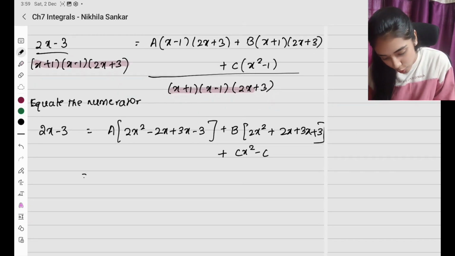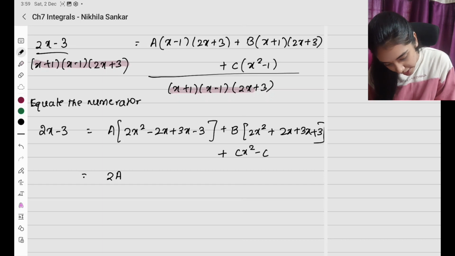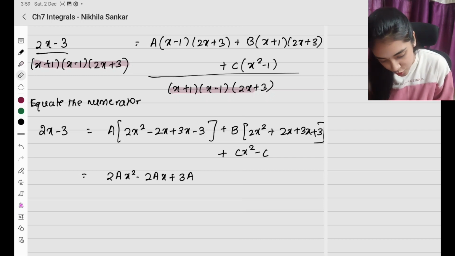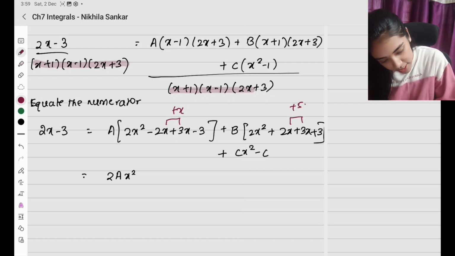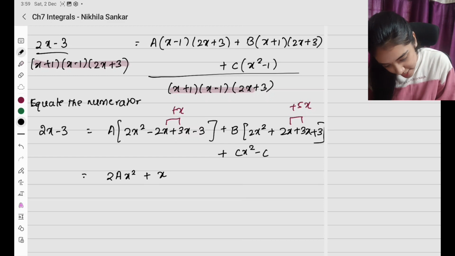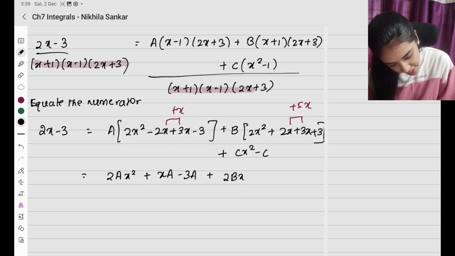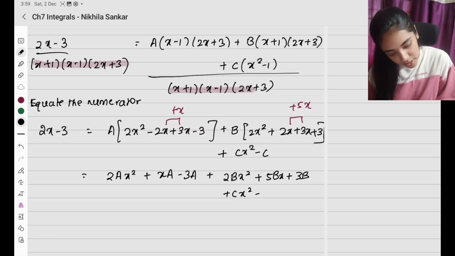Now when I open the brackets, I have 2ax square minus 2ax plus 3ax. I'll probably add these two. So this is going to be plus x, and this is going to be plus 5x. So when I multiply inside, what will I have? Plus xa minus 3a plus 2bx square plus 5bx plus 3b plus cx square minus c.